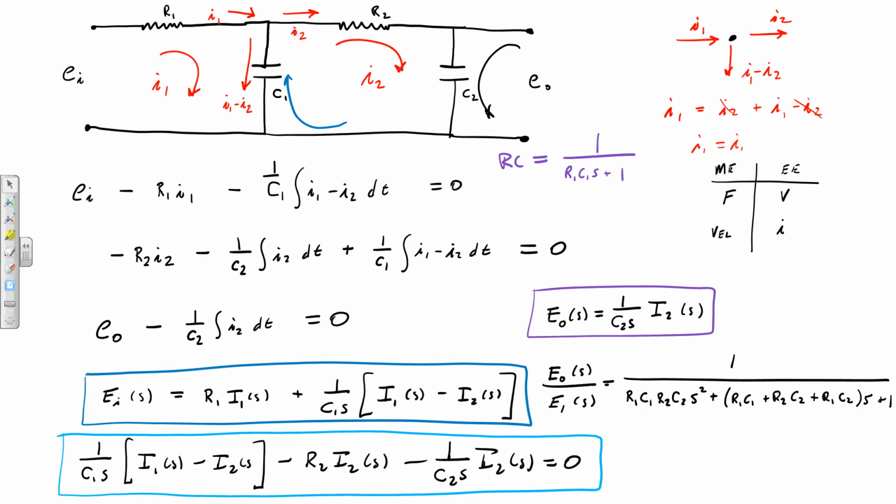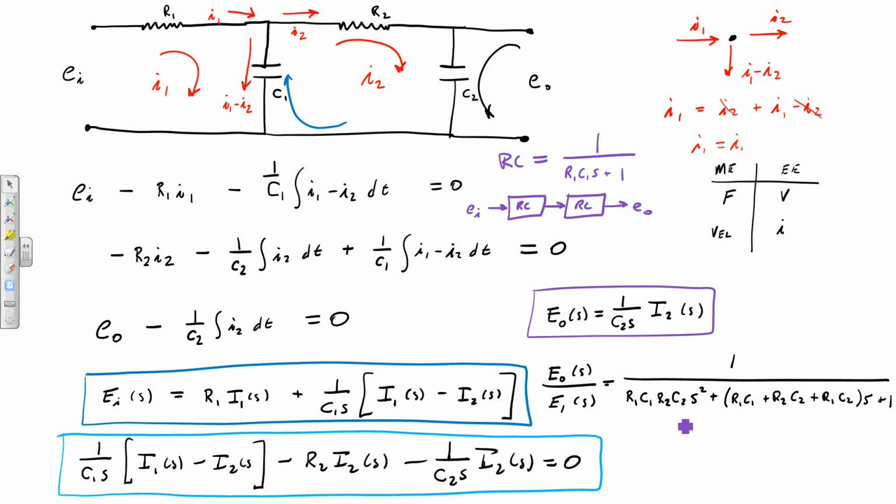If you were to have two RC circuits together, RC flowing into RC like that, where this is the input and this is the output, you might think to yourself that all you have to do is multiply those two transfer functions and you would be good to go. But you would be wrong here.